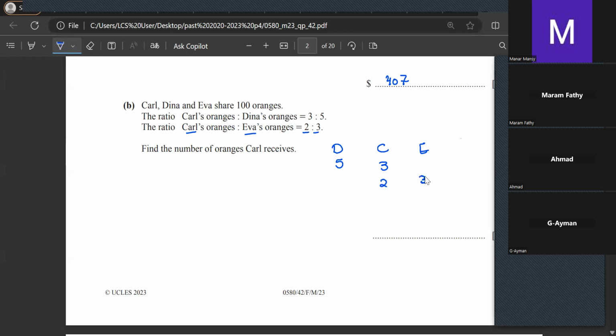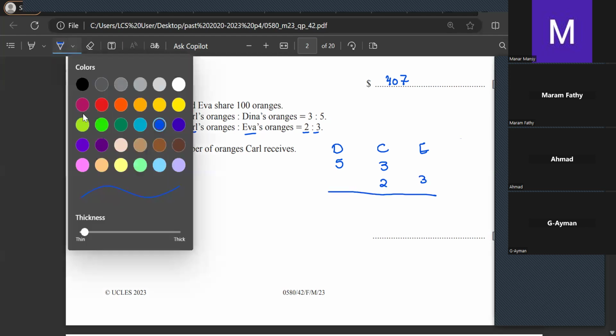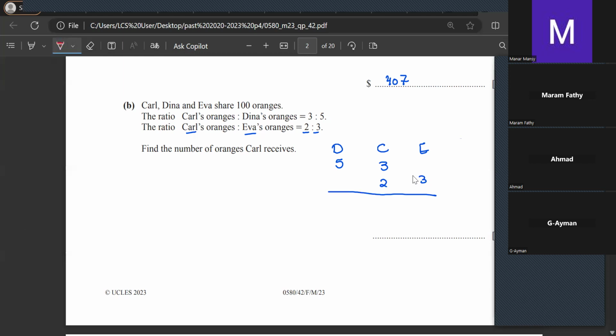Look, what am I going to do? I'm going to combine them. How? Multiply this number by this number and put it down here, 9. Multiply this number by this number and put it here, 6. Multiply this number by this number and put it here, 10. So now the new ratio is 10 to 6 to 9.